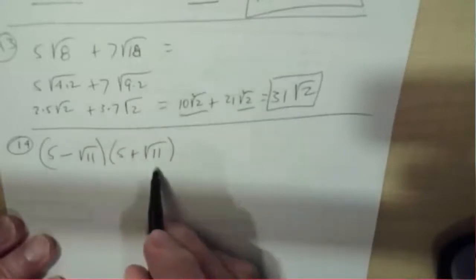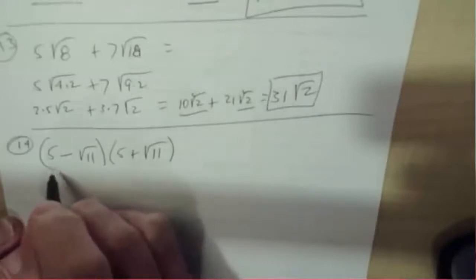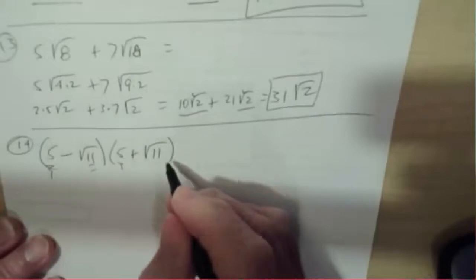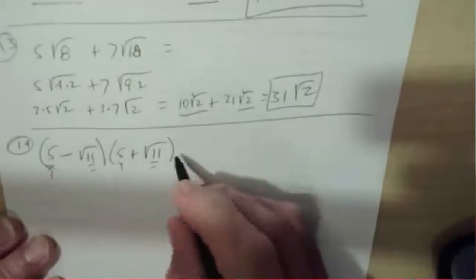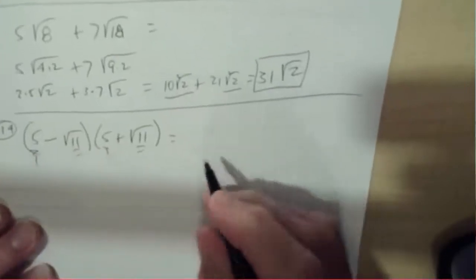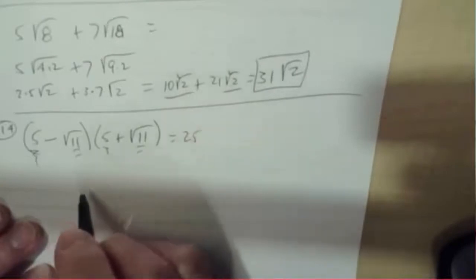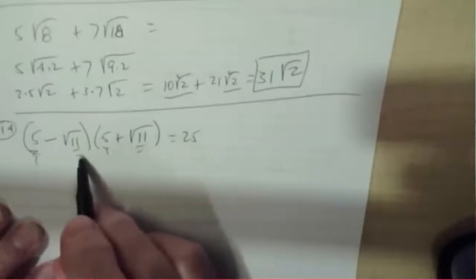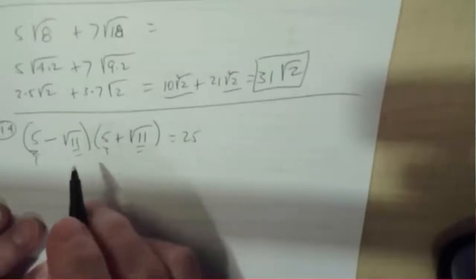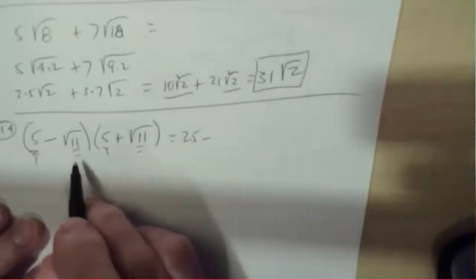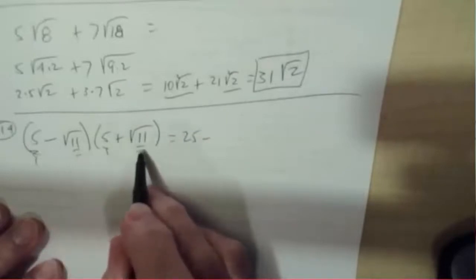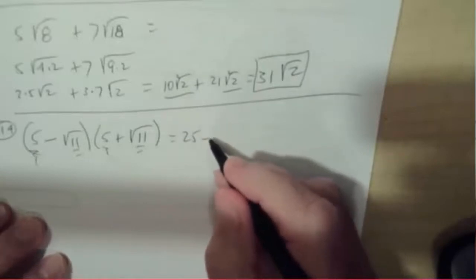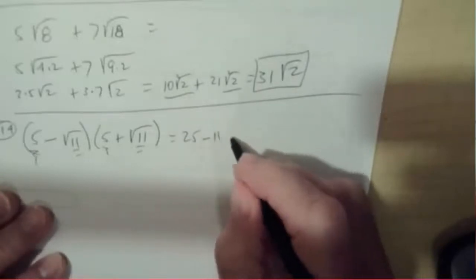So again, all we have to do is multiply the first numbers and the second numbers. 5 times 5 is 25. Now remember, if you multiply the same number, the radical just goes away. This is actually 121. And what's the square root of 121? 11. So minus 11 equals 14.